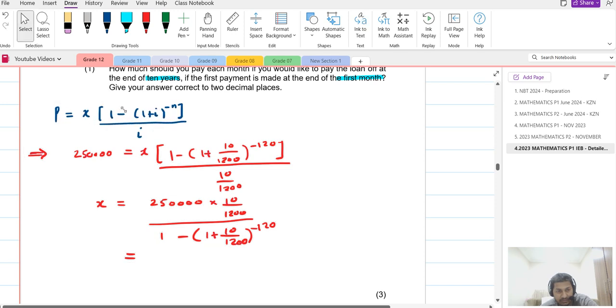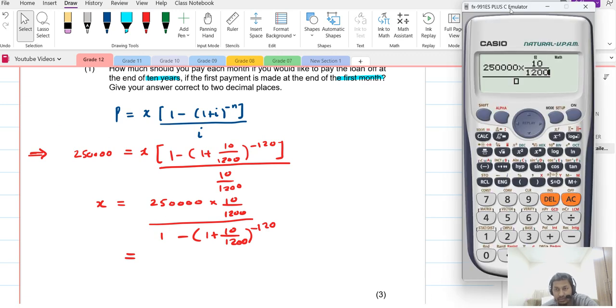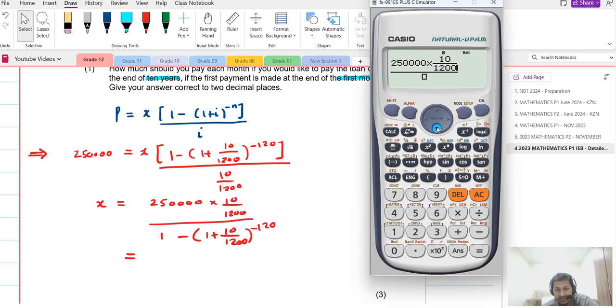As you can see, we directly substituted into the formula and solved for X: 10 over 1200 divided by 1 minus (1 plus 10 over 1200) to the power negative 120.